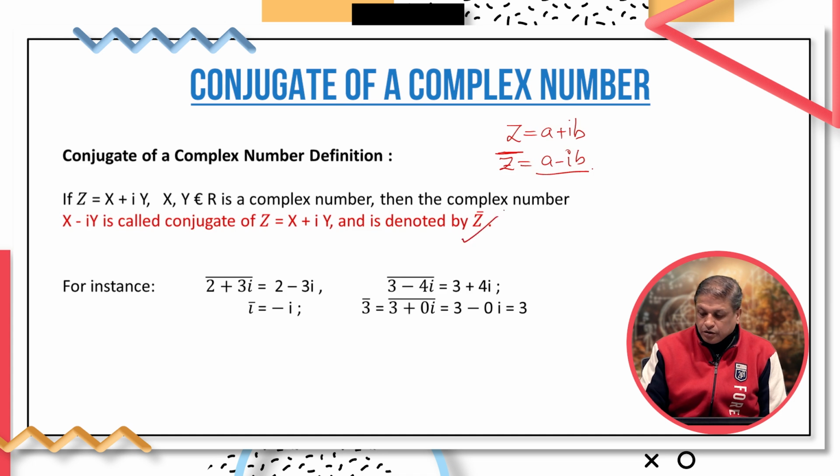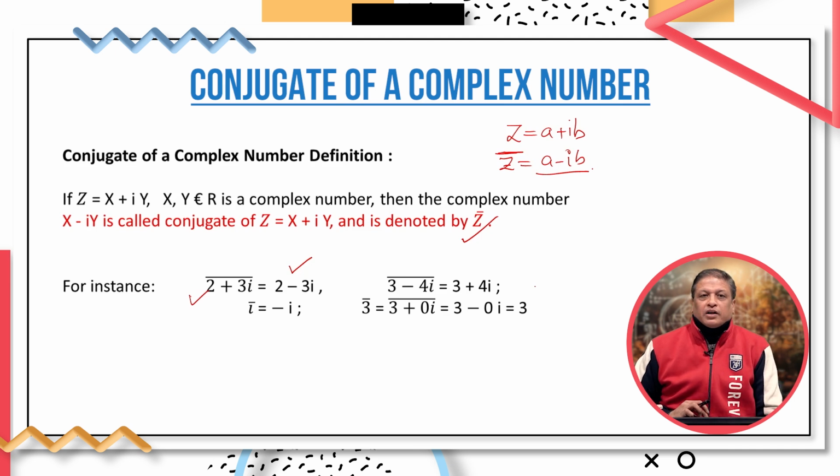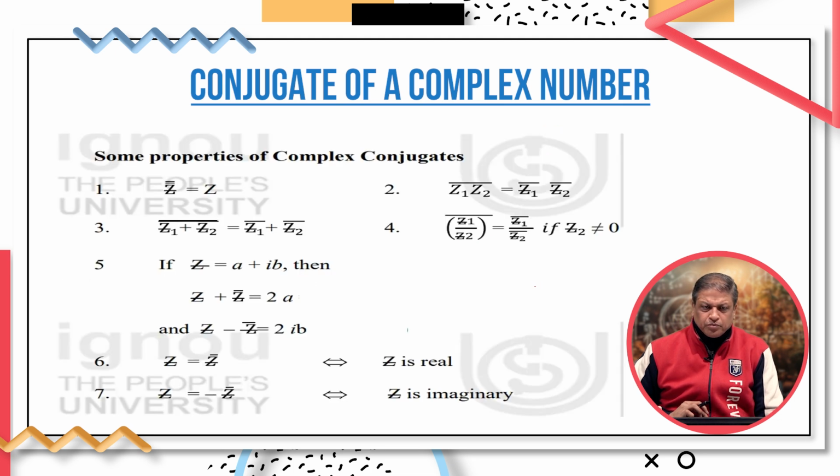For 2 plus 3i, the conjugate is expressed by (2 plus 3i) bar, wherein the final solution is that the sign of the complex part is changed. So the conjugate of 2 plus 3i is 2 minus 3i. The conjugate of 3 minus 4i is 3 plus 4i. I hope you learned what the conjugate of a complex number is, and that you are able to understand how to perform addition, subtraction, multiplication, and division of complex numbers.